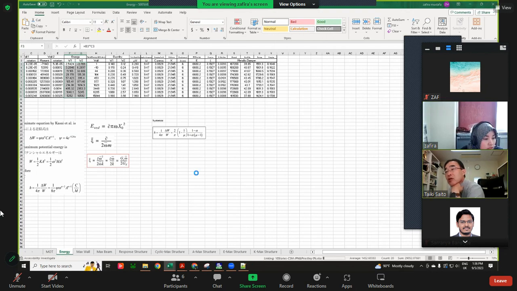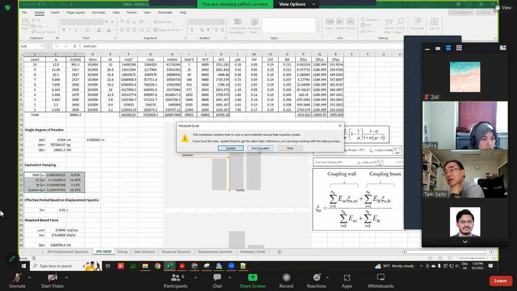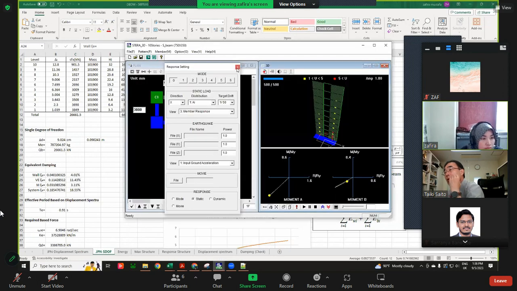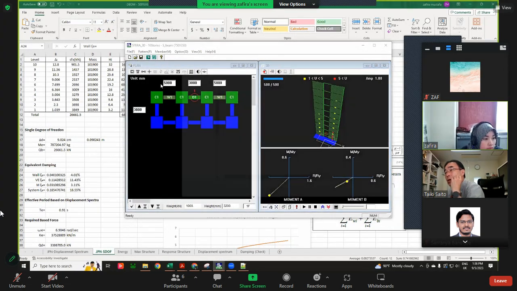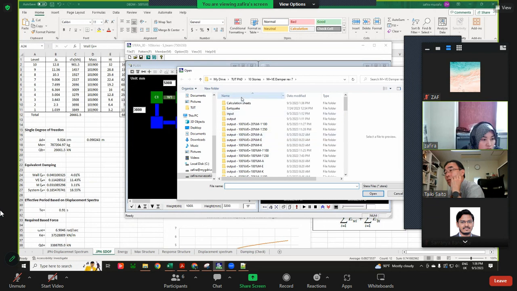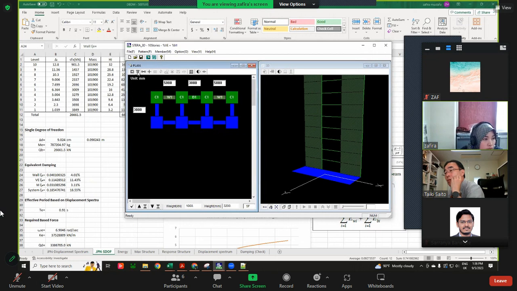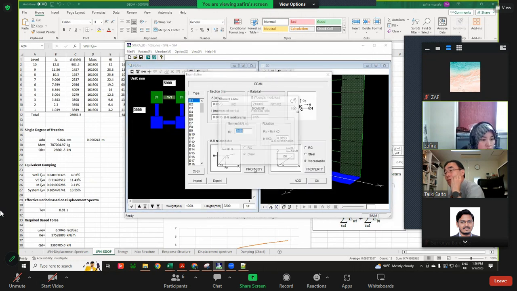Do you have the Stella model of this case? Yes, I do. Can you run it? Smooth screen.